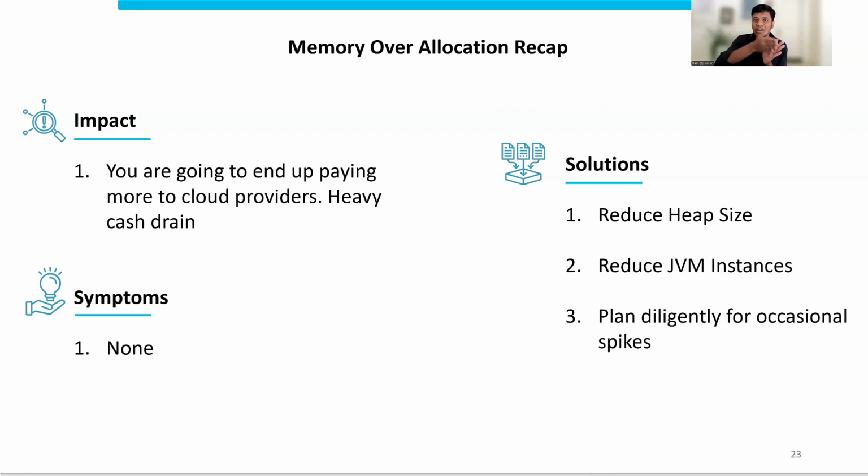Just to accommodate that one spike, which happens once or twice a day, we end up giving a very high heap size. You want to think through, why don't I bring down my memory size? When a traffic surge comes up, at that point I'll scale up my number of JVM instances, and once the traffic goes down, I'll scale it down. That elastic scaling can help you, right?